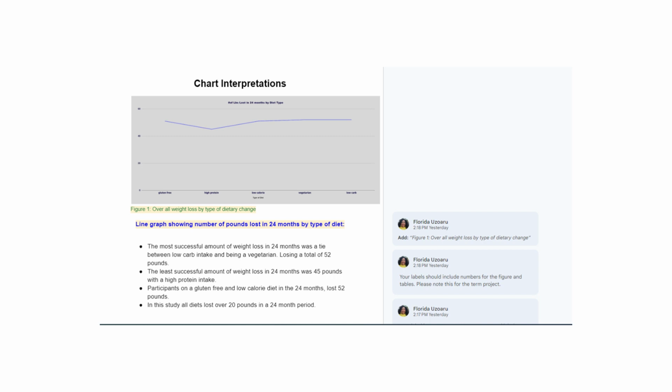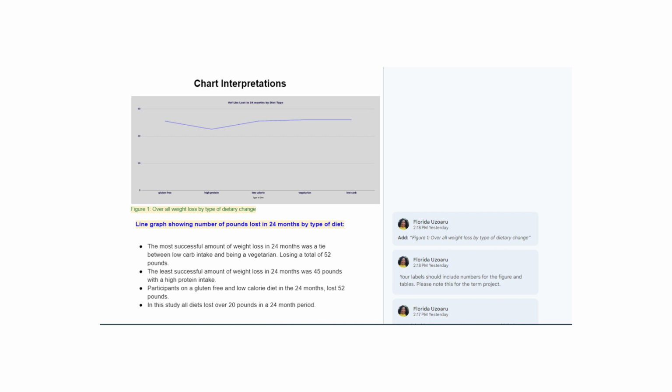And when you are doing your results for your A6, you need to be referring to figure one, right? In A4, your interpretation were right underneath the charts. In A6, your charts are not going to be in the same place as your results. So you need to be referring to your chart or to your table.